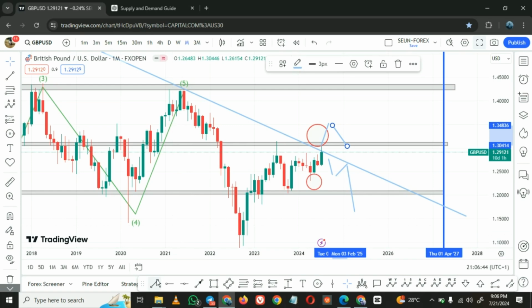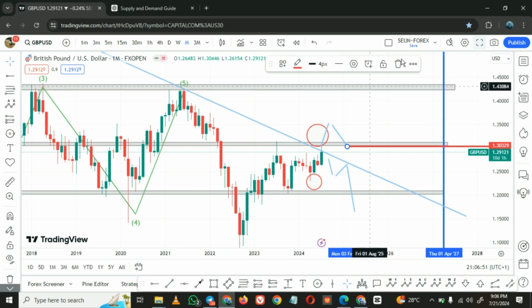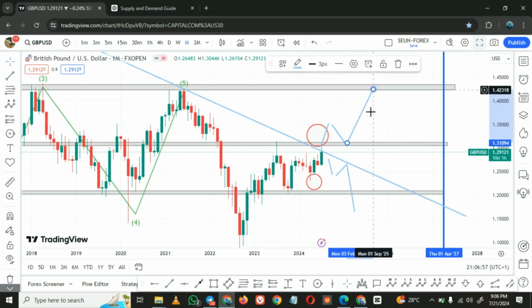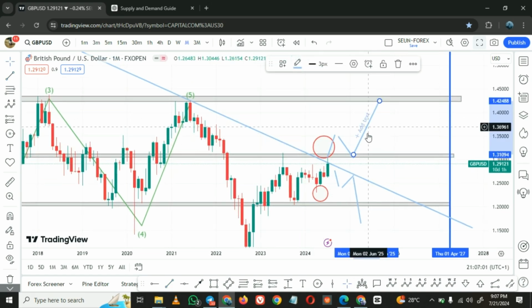But if GBP USD can break this key level, retest, and bounce back. So this is supply zone. Let me mark it up so that we don't forget.